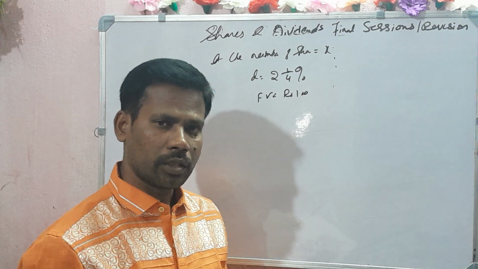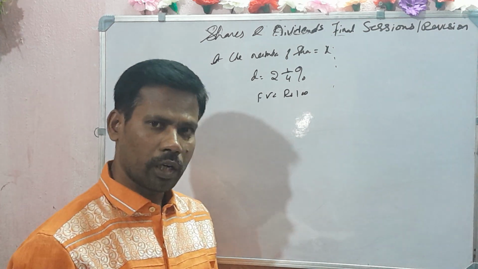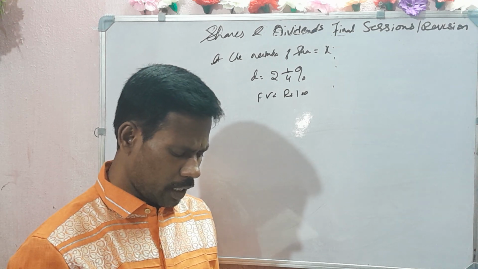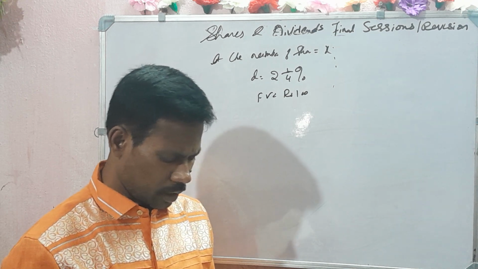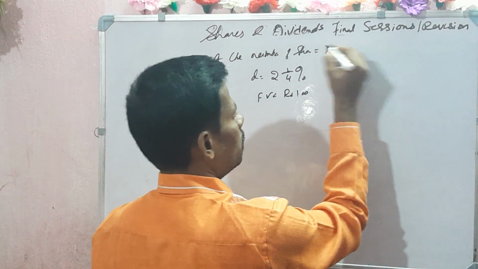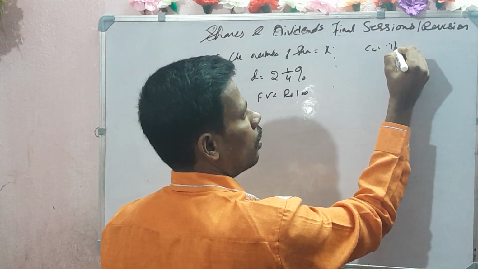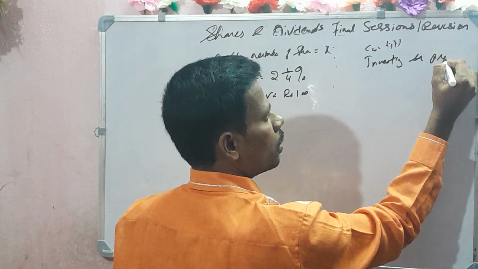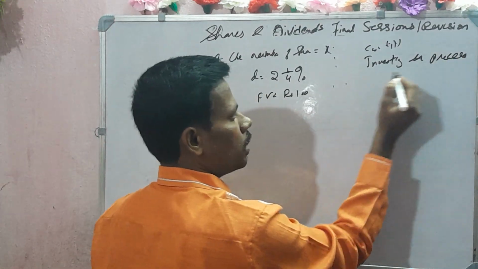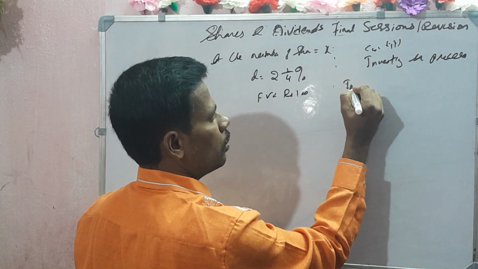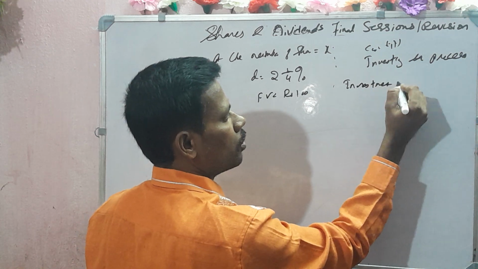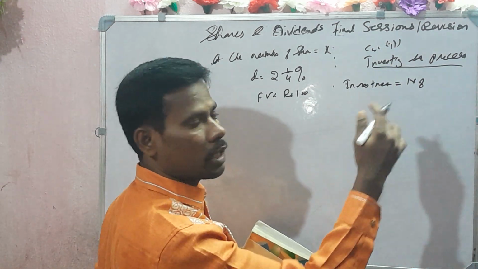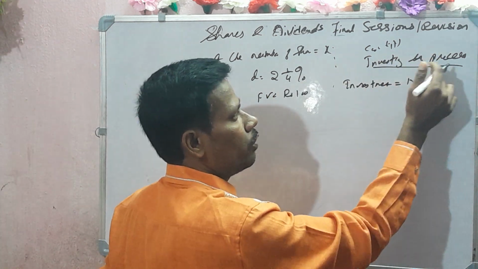By selling at 77, some 2 1/4% shares of face value rupees 100, and investing the proceeds in 6%. This is case 1. Case 2, investing the proceeds. Investing the proceeds means investment. I told you several times you have to underline that word, investing the proceeds.